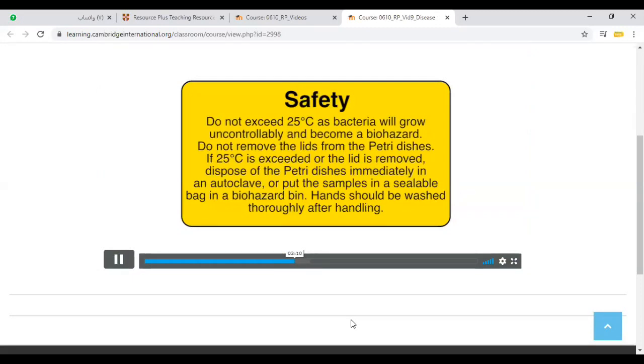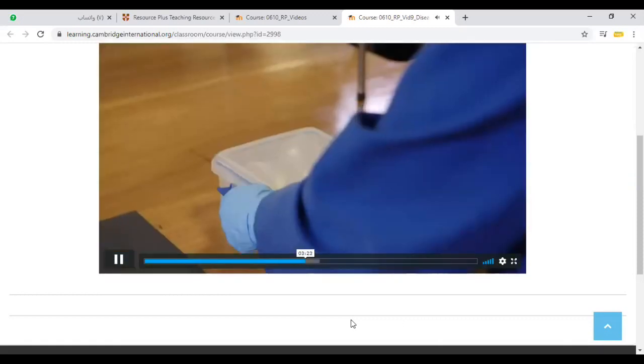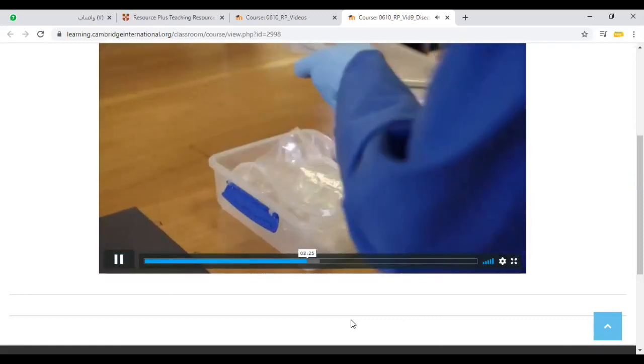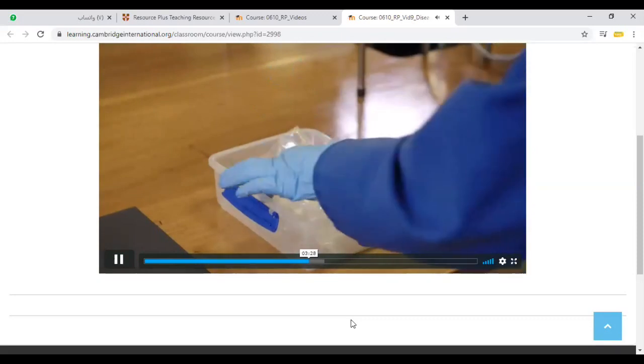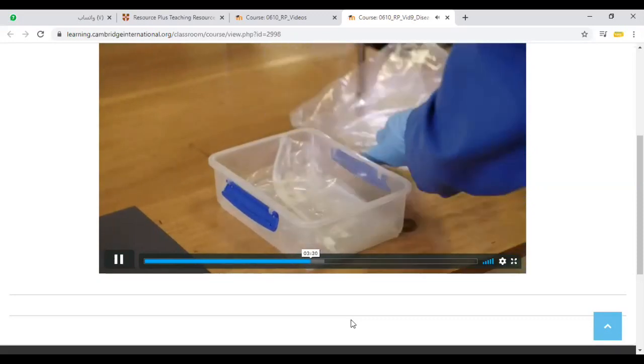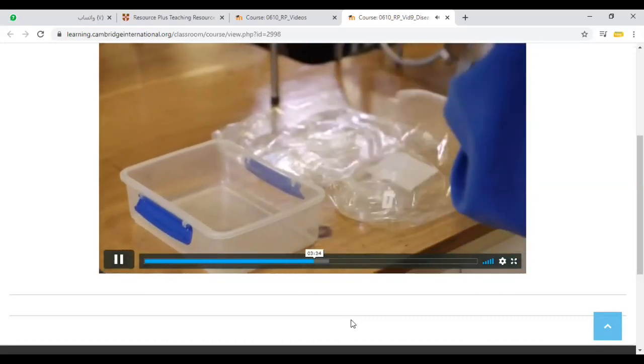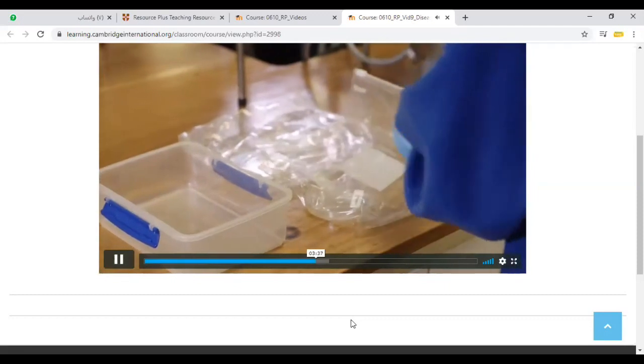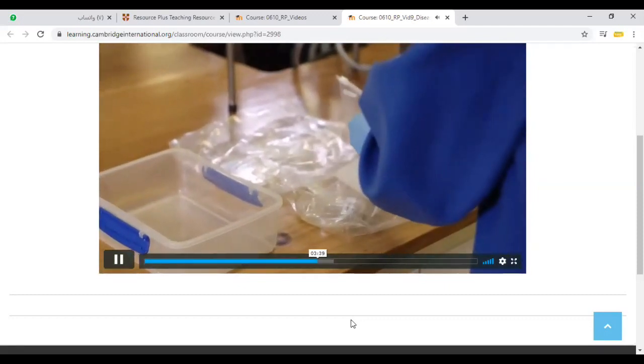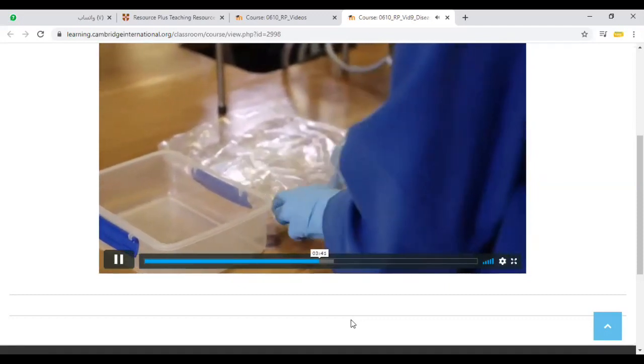The information about activity inside the lab. 25 seconds, the will grow. After at least 24 hours, the Petri dishes are observed. It is safe to handle and view the Petri dishes as long as the lids are sealed. If a Petri dish is found with the lid off, it should be immediately put in a sealable bag and disposed of in a biohazard bin or an autoclave.